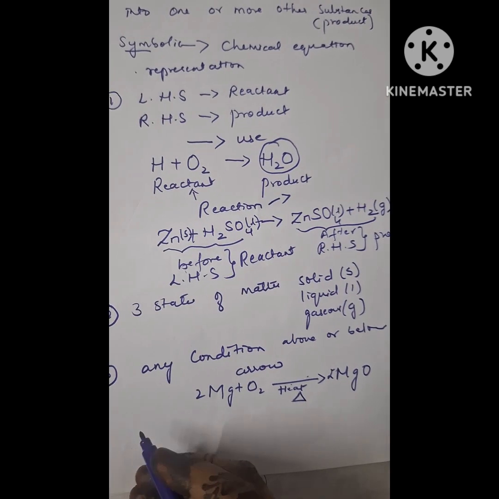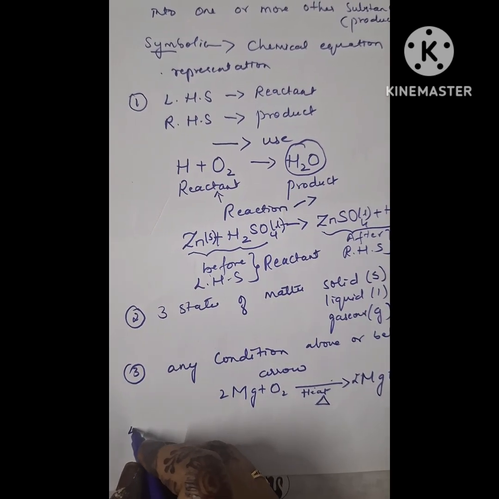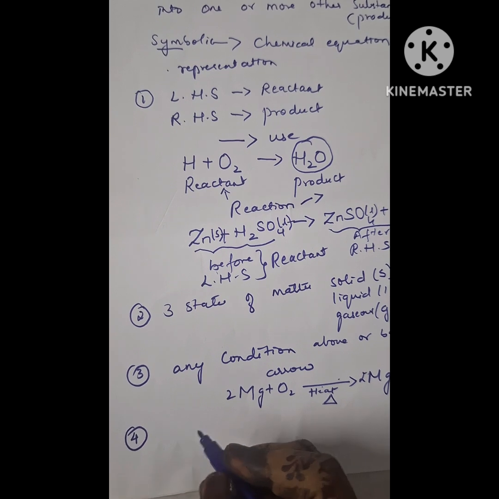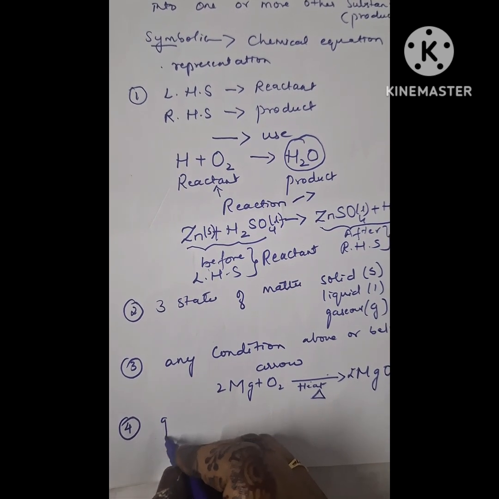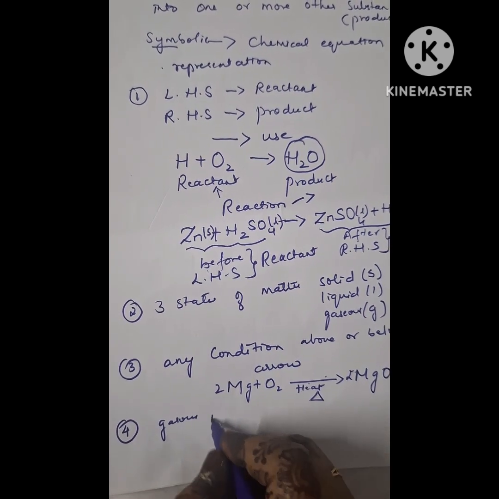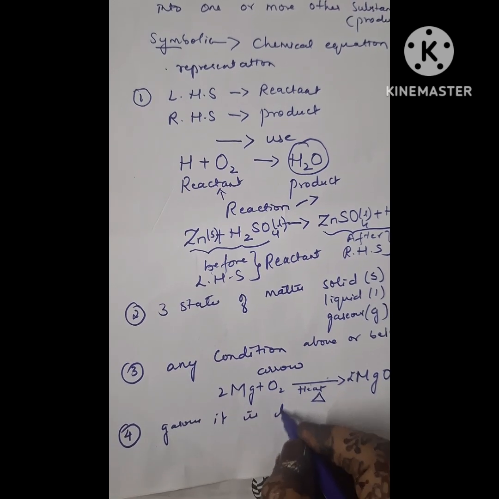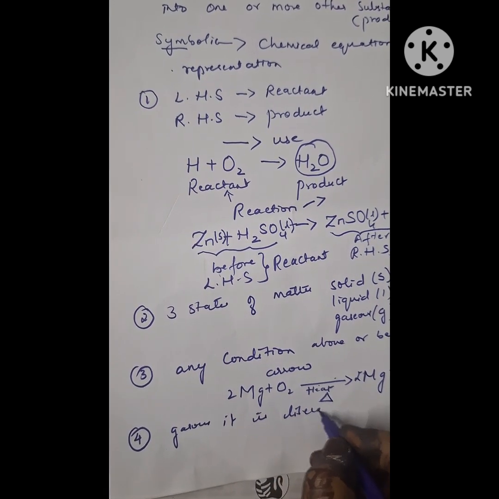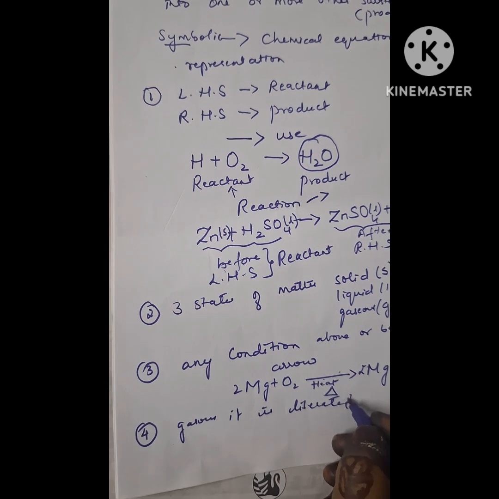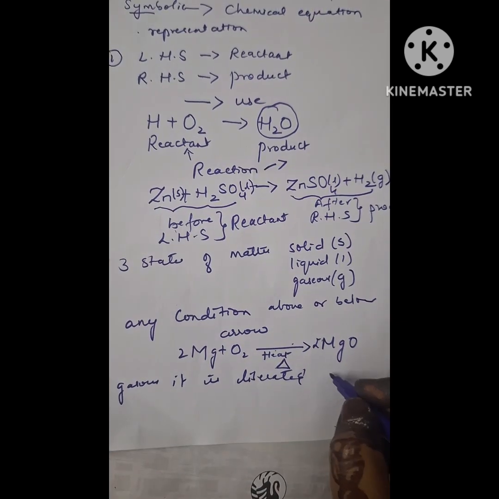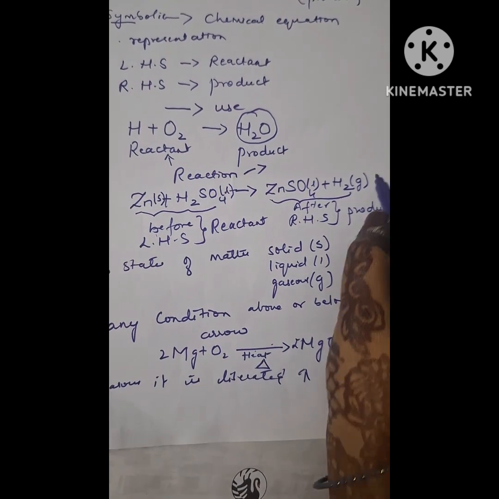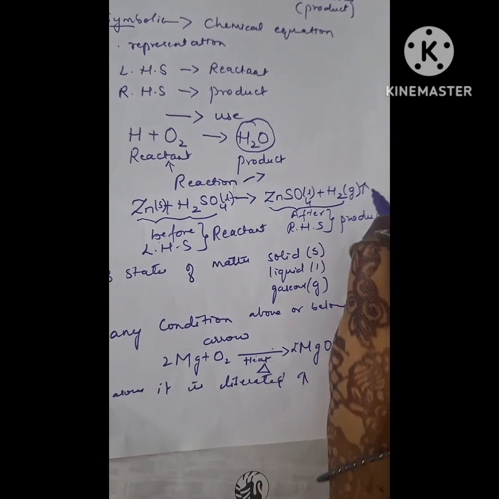Then next we have, if the product is formed in a gaseous form and it is liberated, so we use the upward arrow mark, like this, liberated.